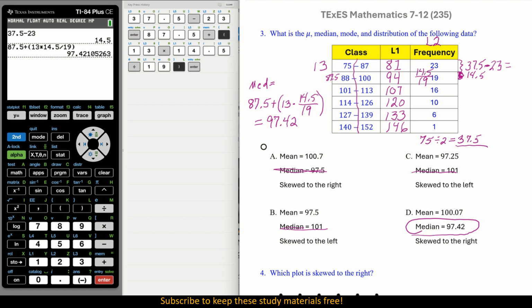But I'm going to change colors. Now let's look at how it's skewed. Okay, we see here. Actually, I'll erase some things in here. Okay, we see that our mode class is the first row. And that would tell me that if our mode class is on this lesser end right here, that will be to the left.